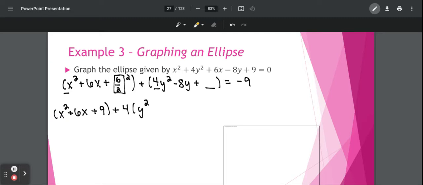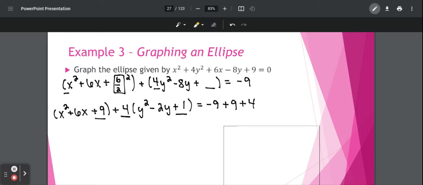So we have y squared minus 2y plus, and now if we add b over 2, so 2 over 2 squared, we're going to add 1, equals negative 9. Something to think about here is with the x we added 9, so we have to add 9. With the y, it seems like we added 1, but really we're multiplying that 1 by 4, so we actually added 4 to that side.